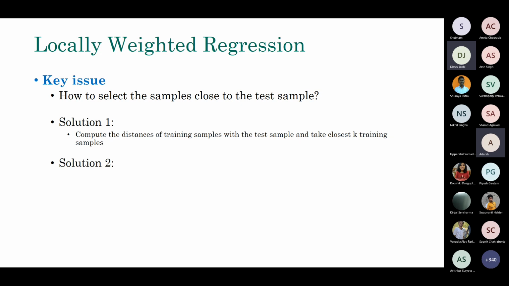Solution 2 is that we use a smooth weight function that will automatically downplay the role of distant samples. Two broad solutions.